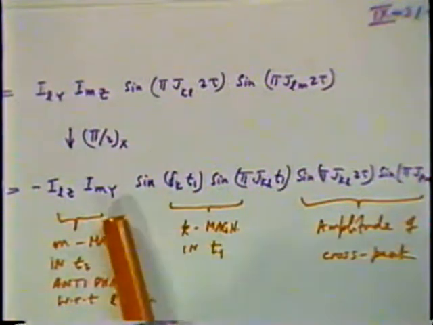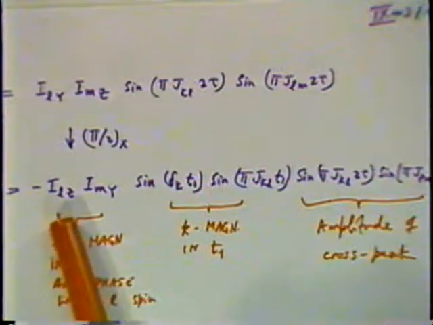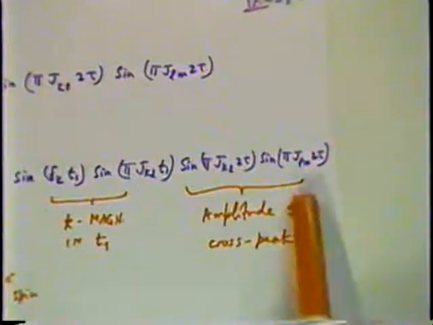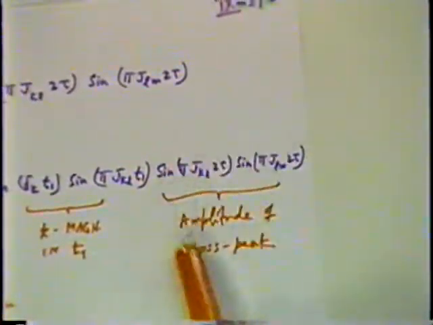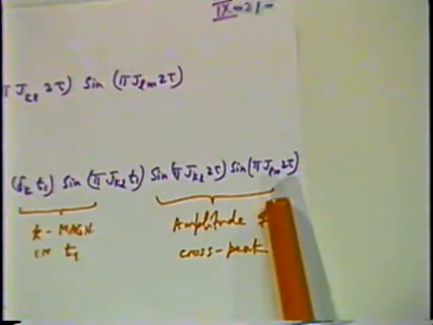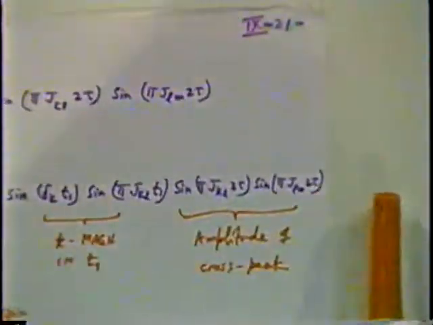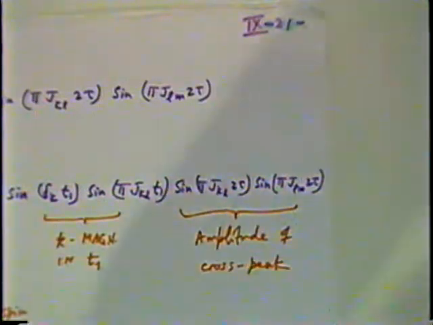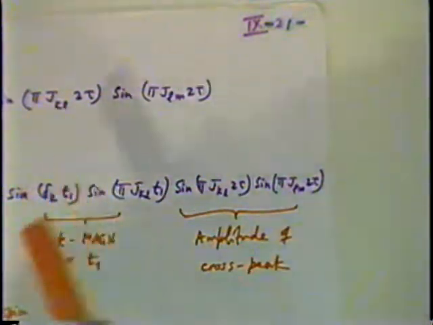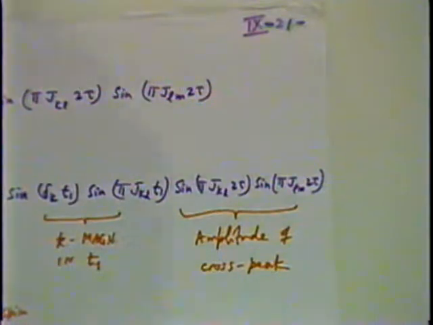And this is the M magnetization antiphase with respect to L, which has a K frequency in the t1 dimension and has amplitude which is dependent on the interval tau and the coupling constants JKL and JLM. And this is what we had seen for the relay experiment. But we had stated the relay result more or less in an ad hoc manner, whereas here we have calculated it in detail. And this is how you use the product operator formulas. All right. Thank you very much.